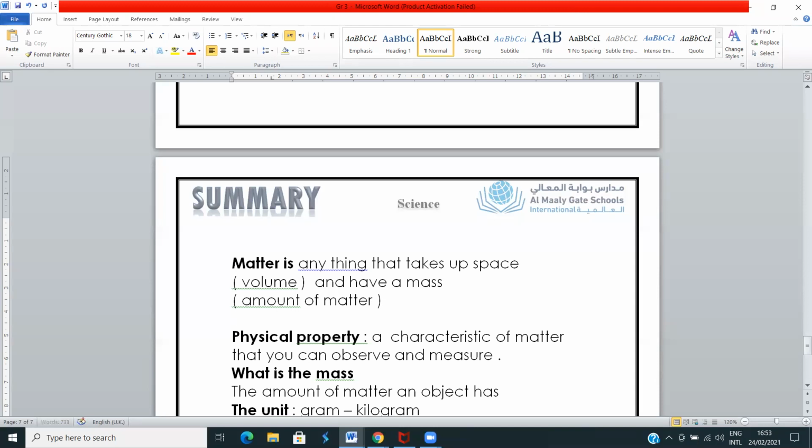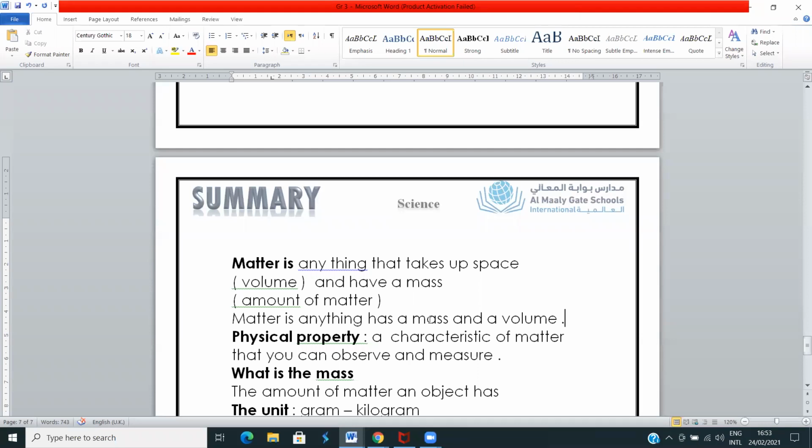So anything that has a mass means the amount of matter: amount of water, amount of gas, amount of liquid, amount of anything.